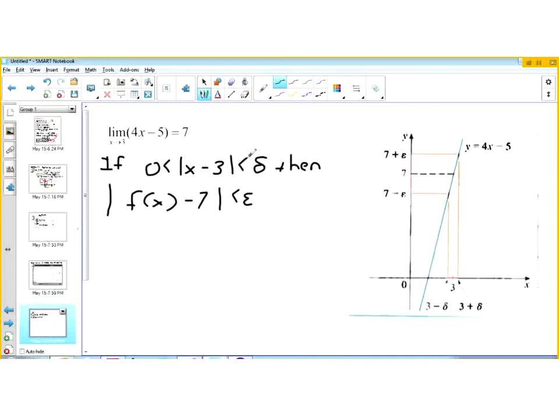So can we find such a delta? If we can, then this statement will be true.